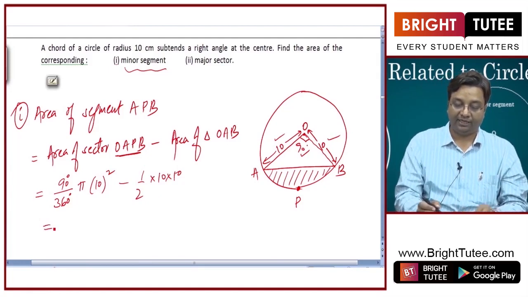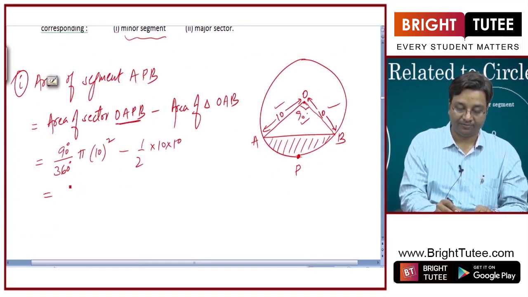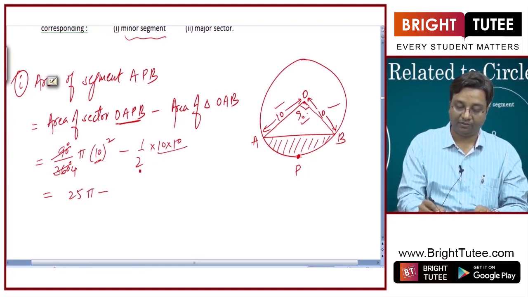You know how to calculate the area of a right angle triangle. So this is the area of segment APB, which is 100 by 4, so 25 pi minus 100 by 2, 50, okay.